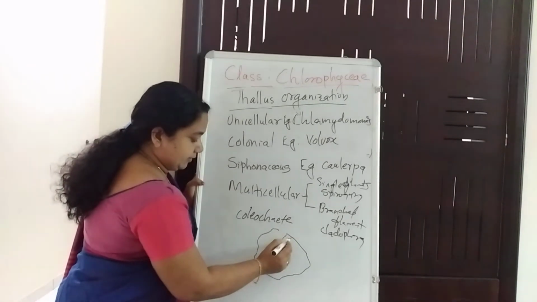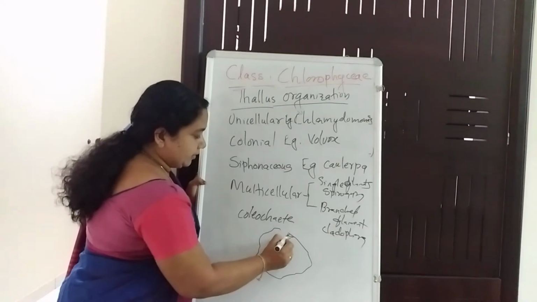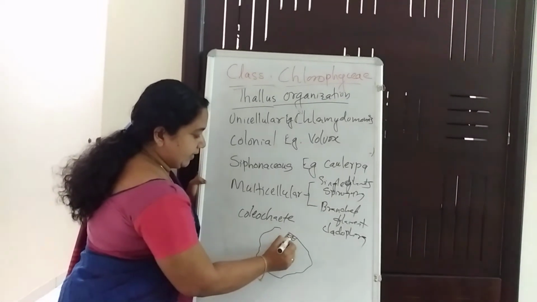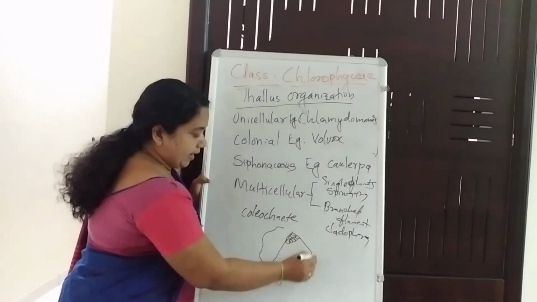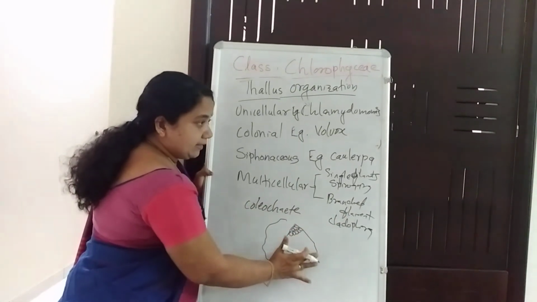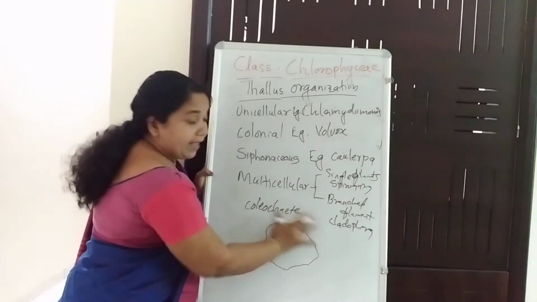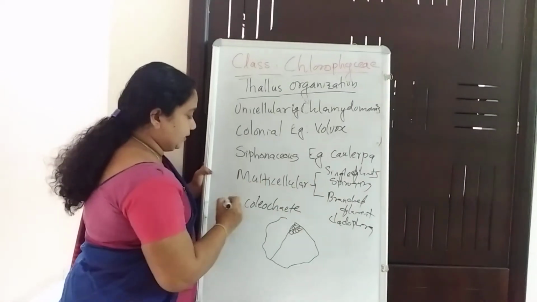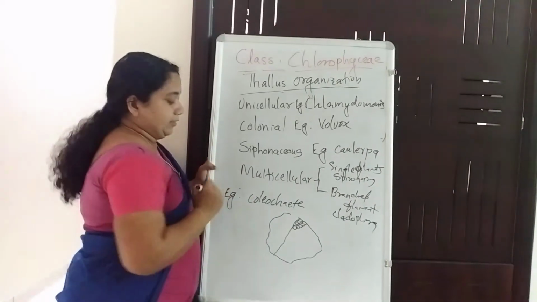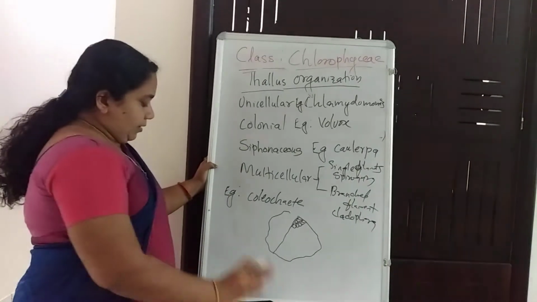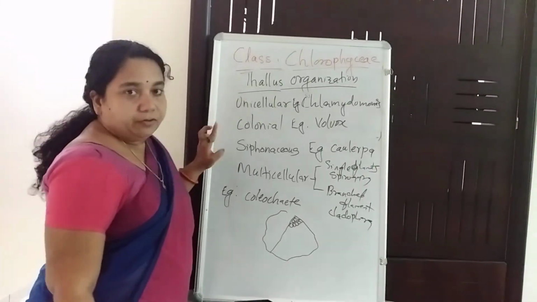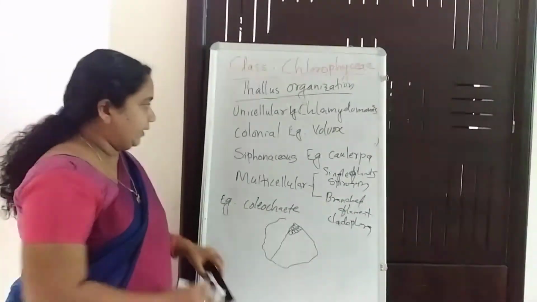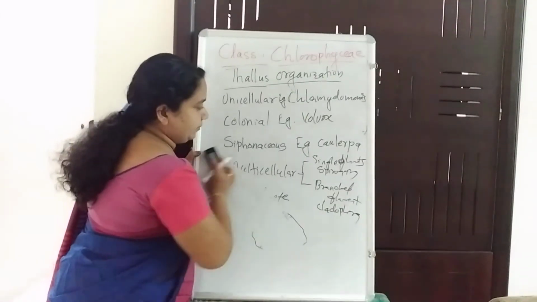That means each cell is divided here. Multicellular structures are seen as a branch, or as a thallus which is flat in structure. Such arrangements are also seen. That is, Coleochaete belongs to the flattened thallus structures. That is all we dealt with previously.